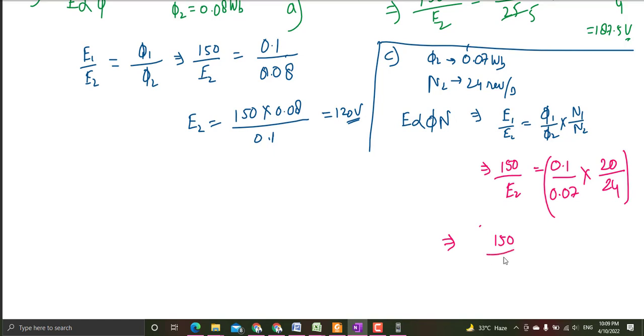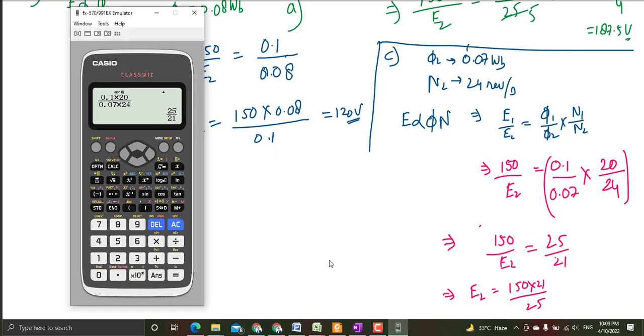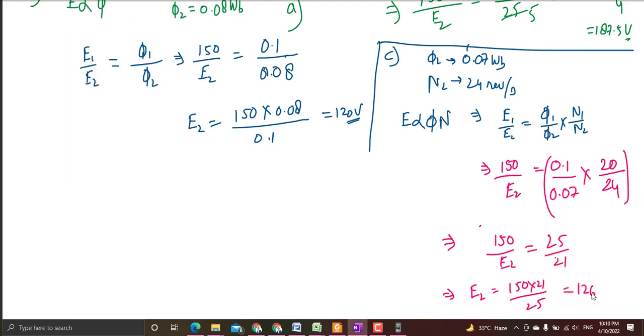So let me write 150 divided by E2 is equal to 25 by 21. Now I will cross multiply and I can write E2 is equal to 150 into 21 divided by 25. So this I will get as 126 volt.